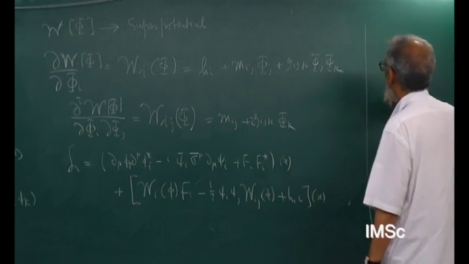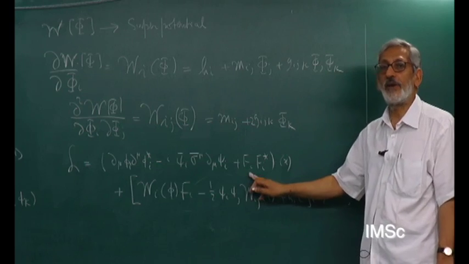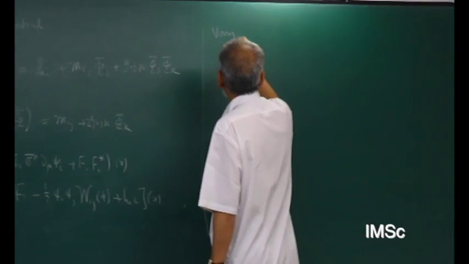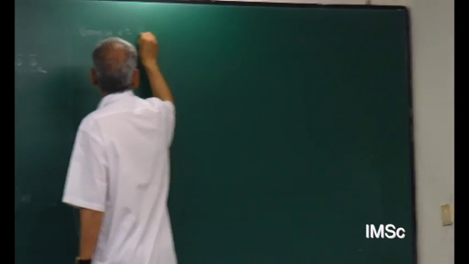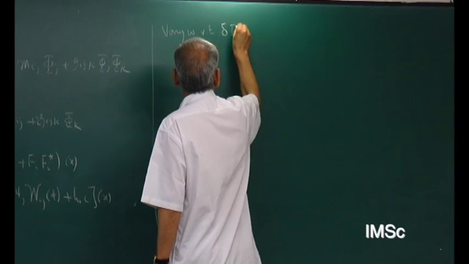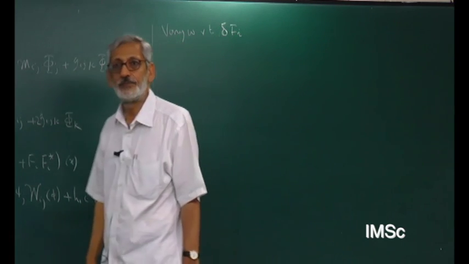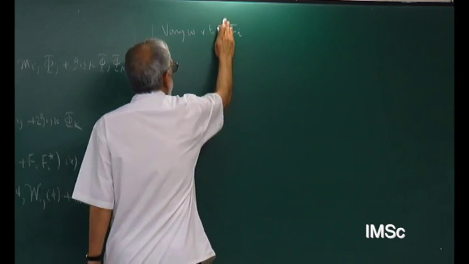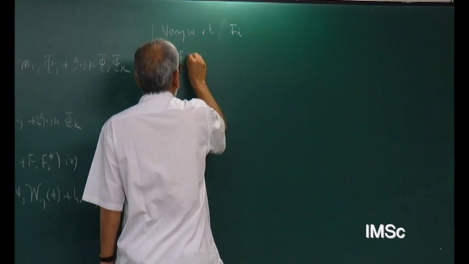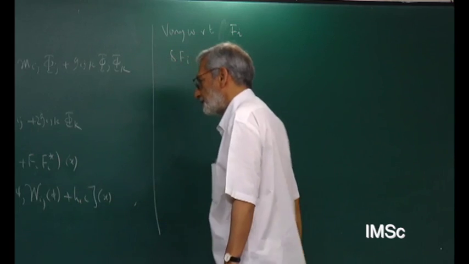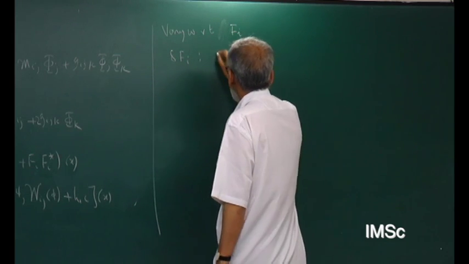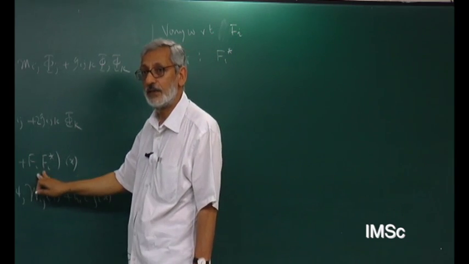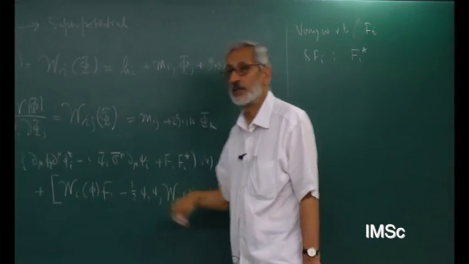So let me calculate the Euler-Lagrange equation associated with the variation of phi. So vary with respect to F, what do you get from here? You get the equation Fi star from this, and from this.